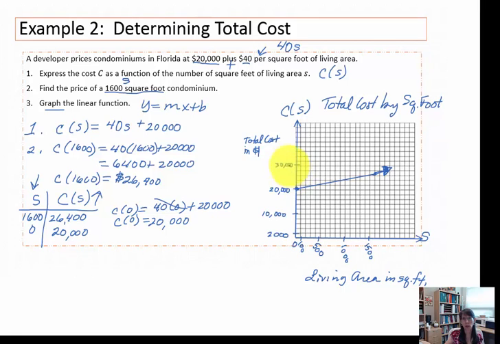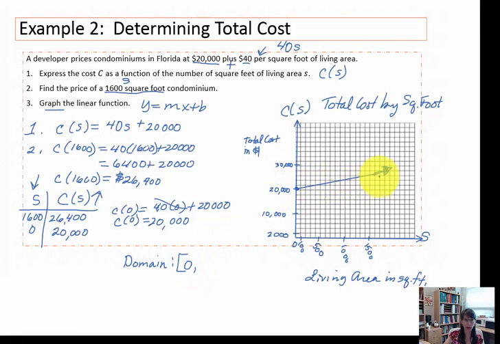One other thing that we could mention about this application is the domain and range. Even though it wasn't specifically asked for, it's always a good idea to make sure that the domain and range that you've graphed would make sense for the application. And we really did need to take that into consideration when we talked about dots versus arrows. So the domain here is our living area. It could be as small as 0.